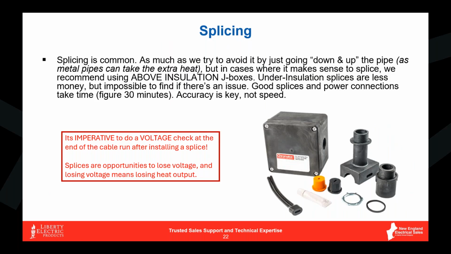If it's a metal pipe, no big deal. If it's PVC, that's a bigger deal. And we may have to do a splice instead because we don't want to put too much heat on a plastic pipe. But it costs you a whole lot less money and time to run that cable down and back than it would for you to actually complete the splice.